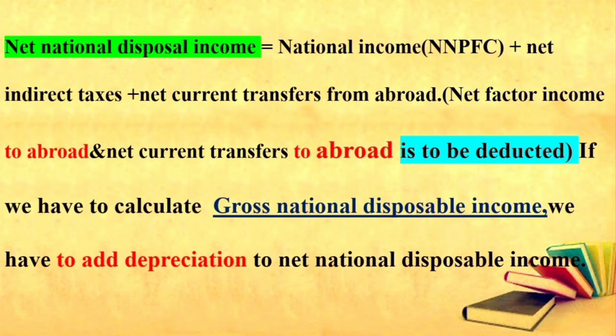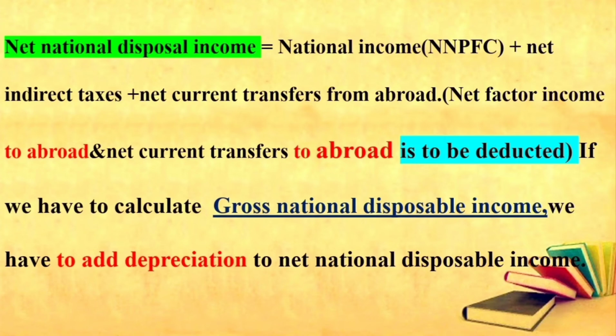The difference between the current transfers from abroad and to abroad gives us net current transfers. So, always the transfers to abroad is to be subtracted and transfers from abroad is to be added. So, net national disposable income is equal to national income plus net indirect taxes plus net current transfers from abroad.